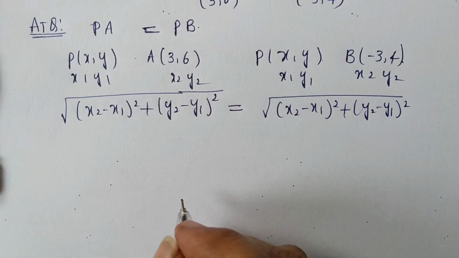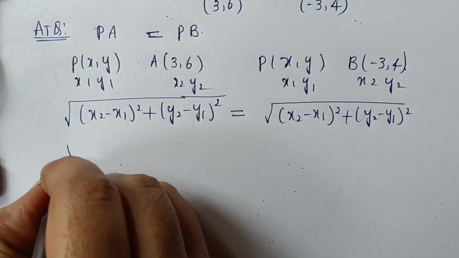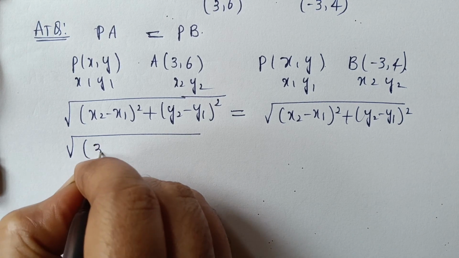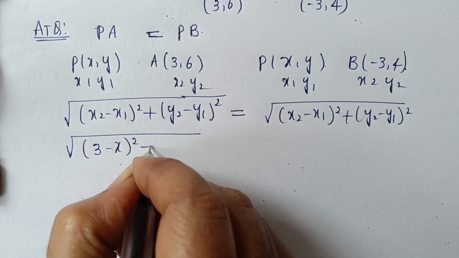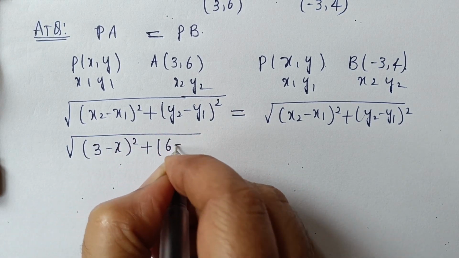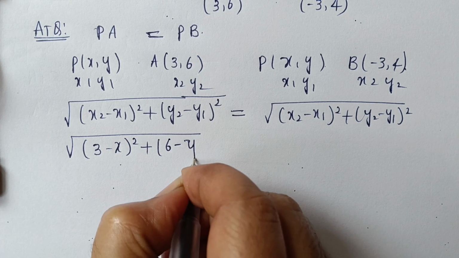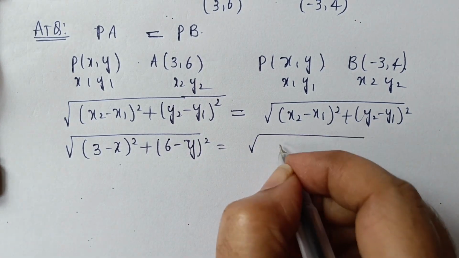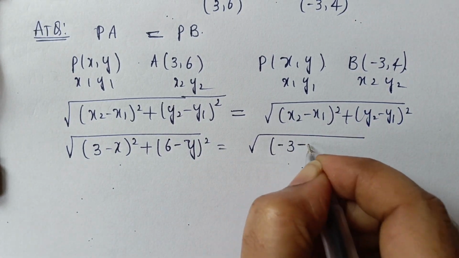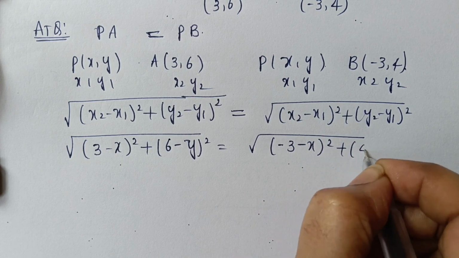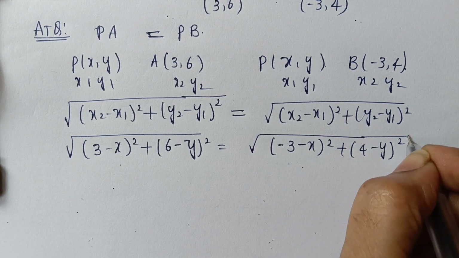Then substitute the values. Square root of 3 minus x whole square plus 6 minus y whole square, here minus 3 minus x whole square plus 4 minus y whole square.